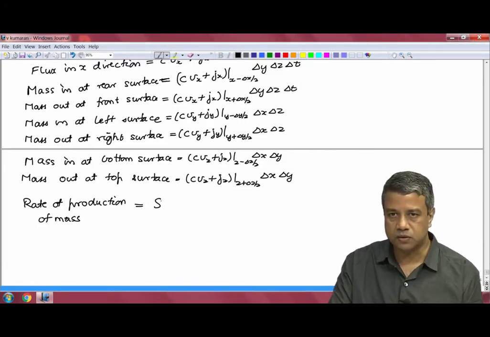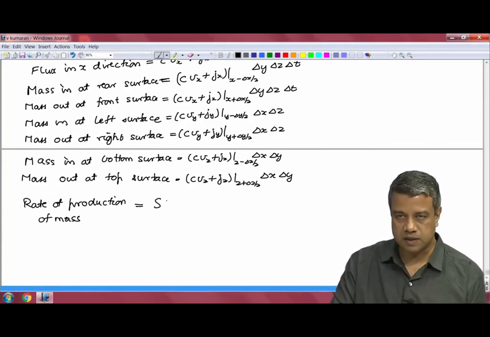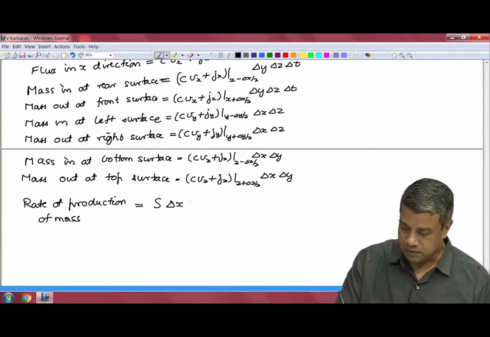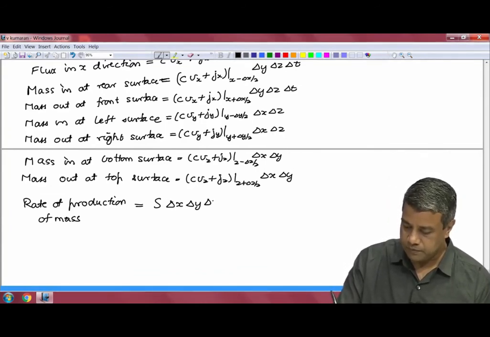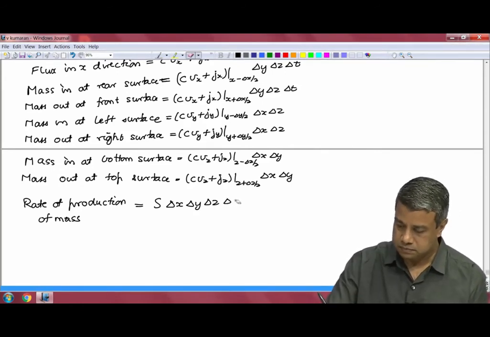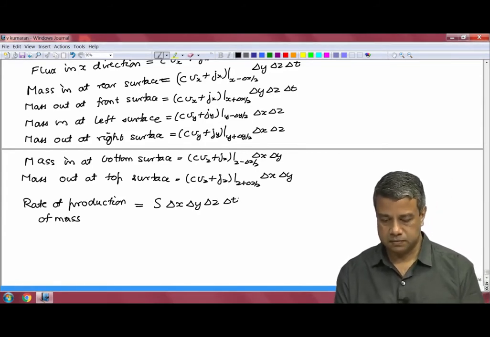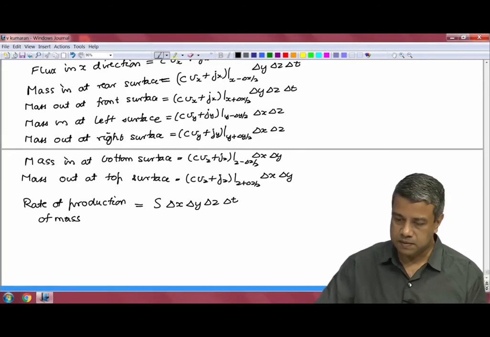Production due to reaction, for example, is the rate of production per unit volume per unit time multiplied by volume, multiplied by time. So, those are the terms in this balance equation.